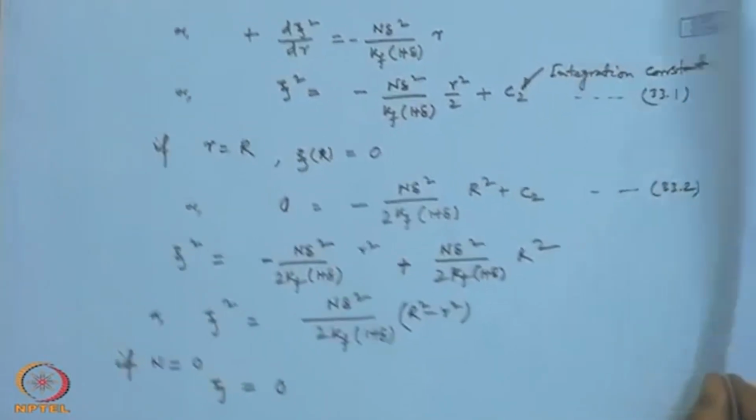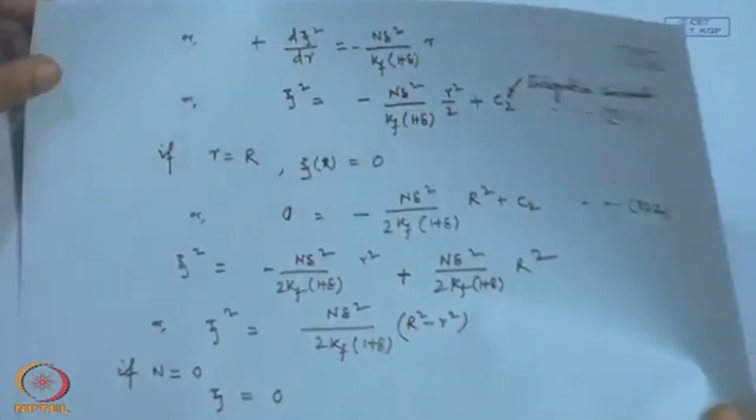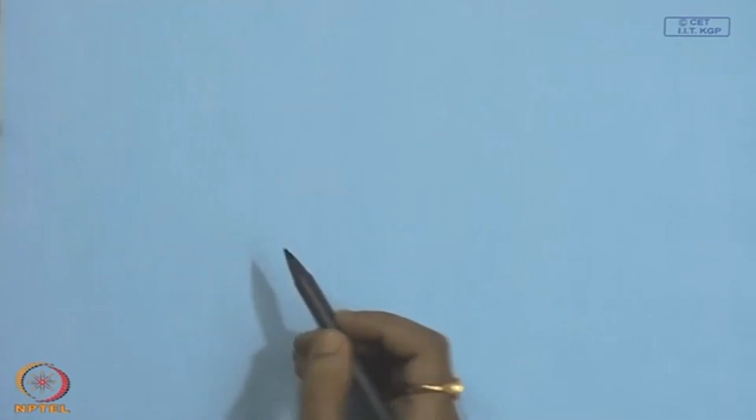So, the next thing we will discuss is another important solution in case of our saltwater intrusion problem, that is again a sharp interface approximation of the problem. This is popularly known as Strack's solution.